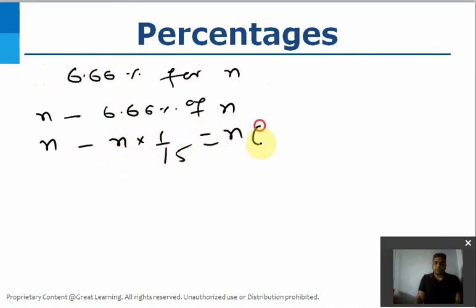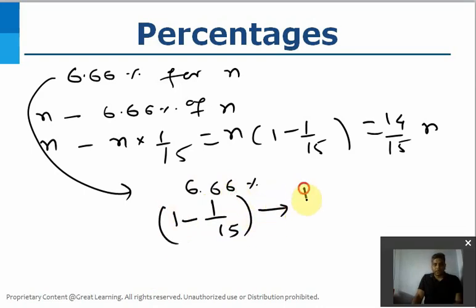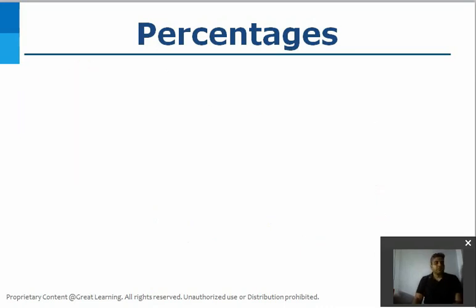So n becomes (1 - 1/15)n, or 14 by 15 n. It simply means that if you have a decrease of 6.66%, convert it into a fraction and subtract it from the original. So 1 minus 1 by 15, or 14 by 15, when multiplied with the original number will give you the resulting number. Right? These two things we saw.